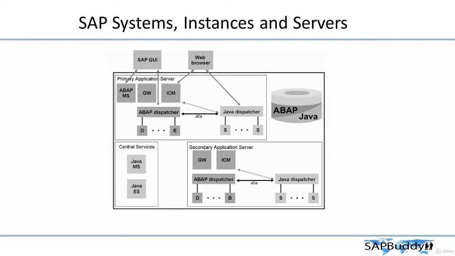On the Java side, we have the component called SDM, that is the Software Deployment Manager, as well as the Java connector, that is the JCo Java connector, which is used to communicate between the SAP ABAP stack as well as the Java stack in the SAP NetWeaver system in both directions.